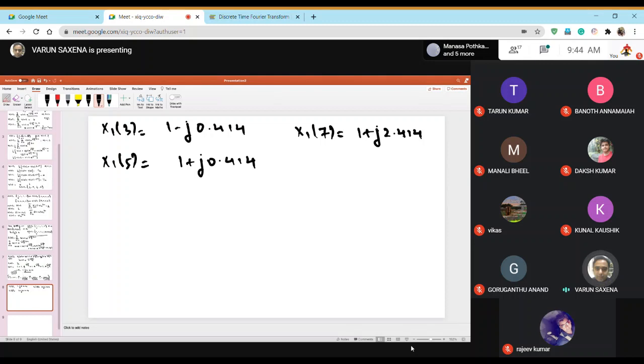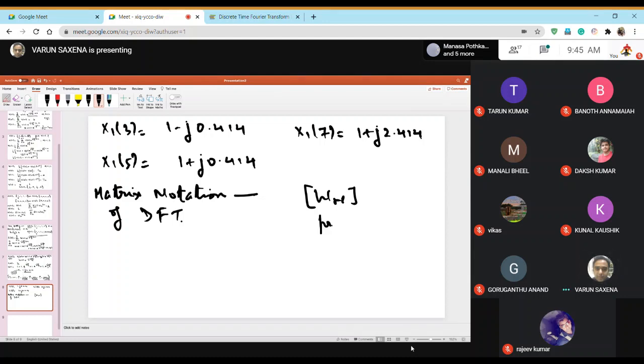Okay. Now let's look at some more problems, but now let's exploit the matrix notation of DFT. That is often useful. Problems based on matrix notation. Here we are going to be using the twiddle factor matrix, and we are going to be using the properties of Wn.